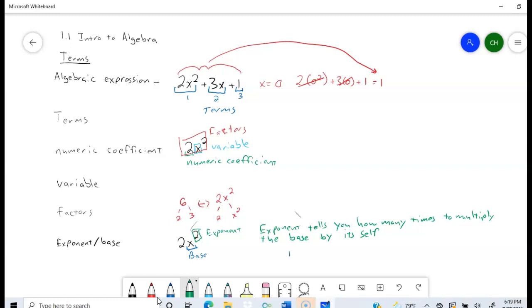So 2 to the third is equal to multiply the base by itself 3 times, which equals 8.